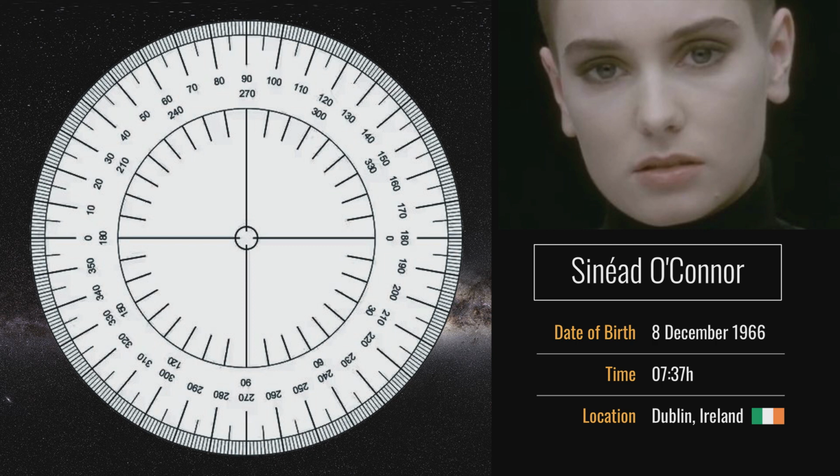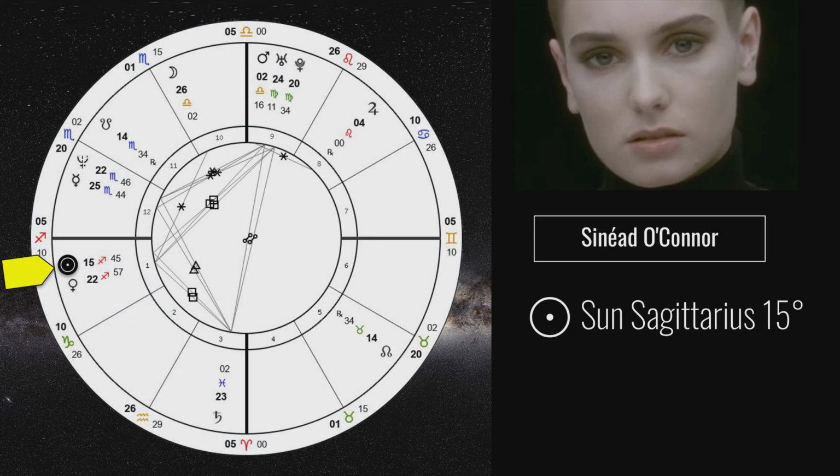But there was one other thing that I wanted to add. We talked about the orbs, and I think it is a very important concept to understand. So just to give an example in Sinead O'Connor's chart, if we're talking about a 10-degree orb, she has her sun at 15 degrees of Sagittarius.